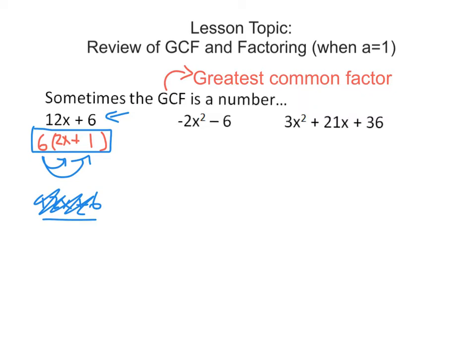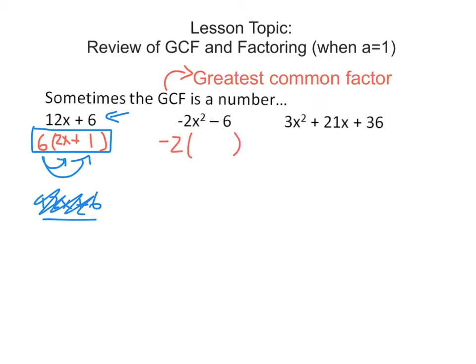All right, so the second example here, negative 2x squared minus 6. If there's a negative at the front term, okay, if it's written in standard form, you're always going to want to factor it out. So we definitely want to factor out a negative, and then we also want to factor out the greatest number possible, which is 2.